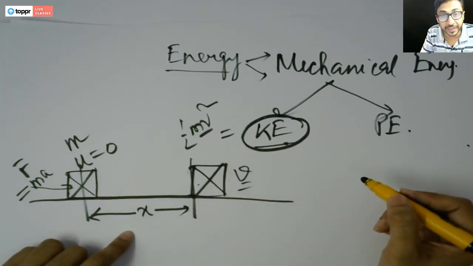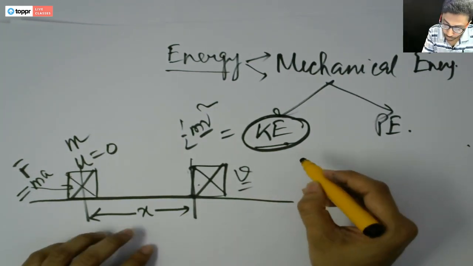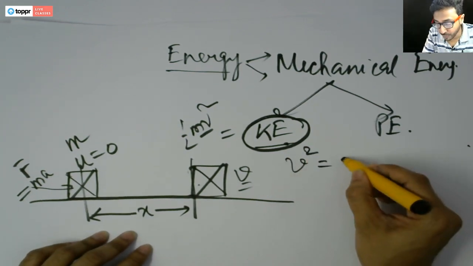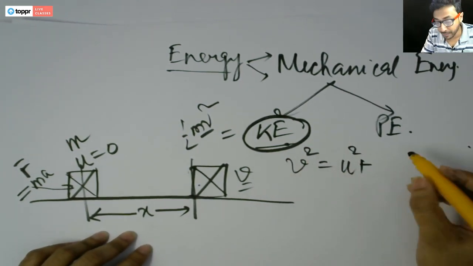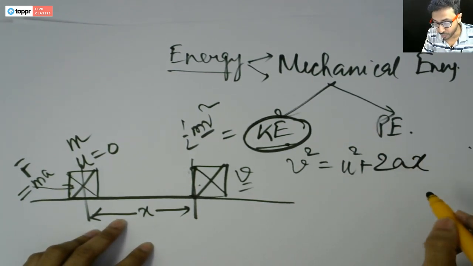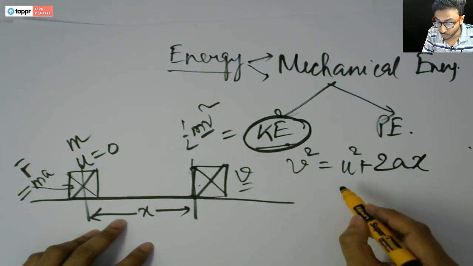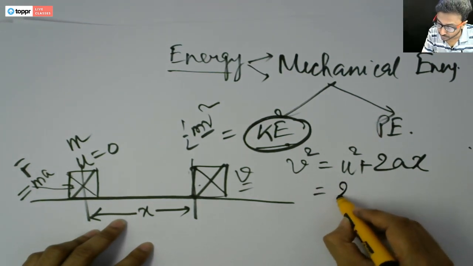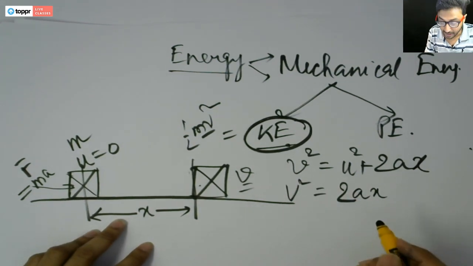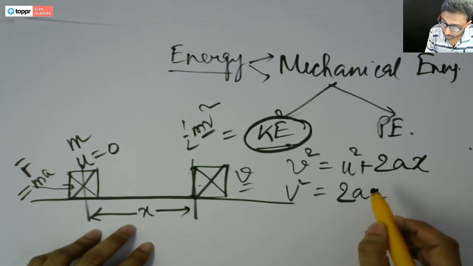Now from the third equation of motion, v square equals u square plus twice as, here s equals x, so u square plus twice ax. Now, u is 0, so v square equals 2ax.